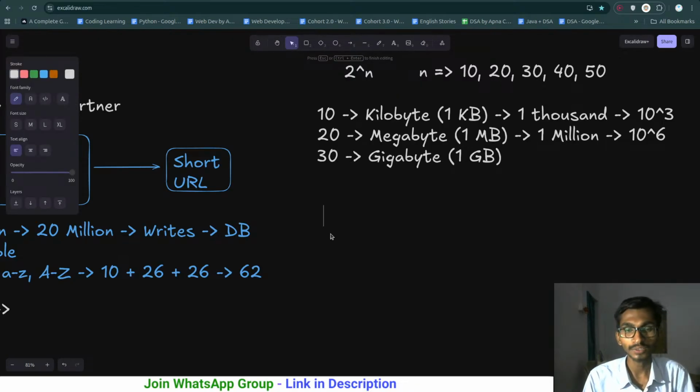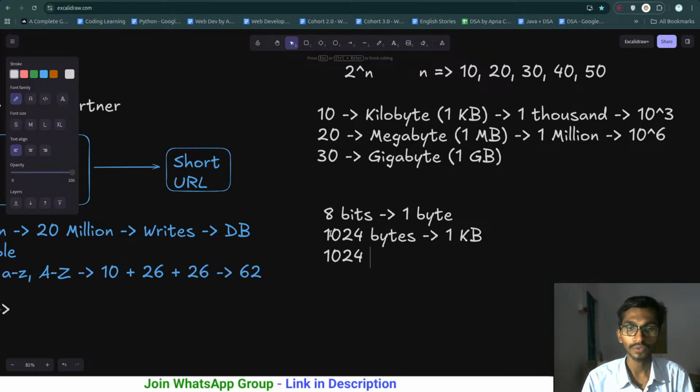First of all, it starts from 8 bits, which is equivalent to 1 byte. Then 2 to the power 10, I'll give it to the AI to make sure it is correct, that's 1 KB, kilobyte. Then 1024 KB equals 1 megabyte. Then 1024 MB is 1 gigabyte.